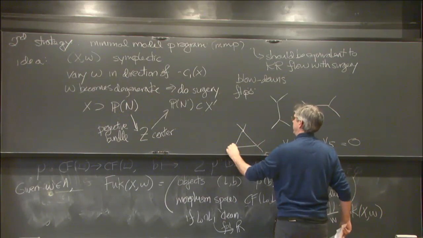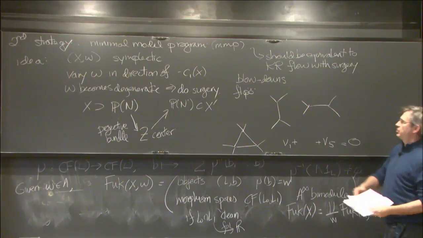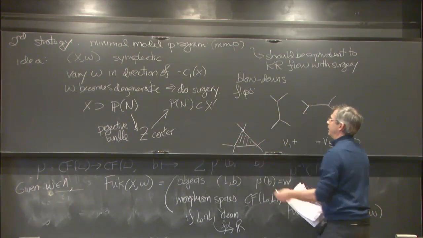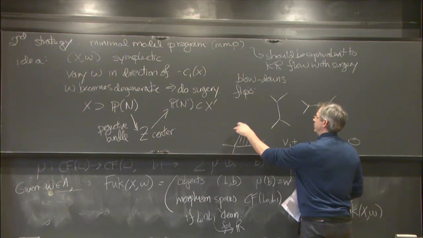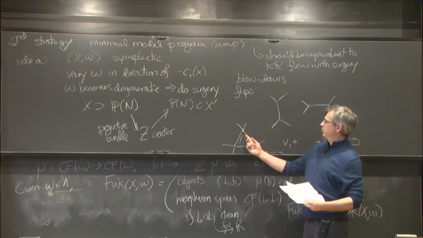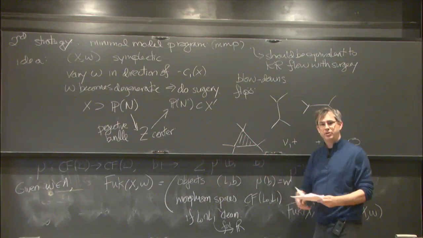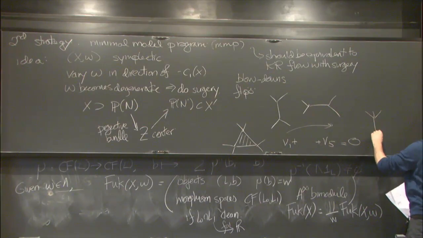You have to imagine that I'm in one dimension more. So this is a 4-dimensional toric variety, and this is a P2. You imagine first blowing up this so that I get a P1 bundle over this P2, and then I blow down in the P2 direction, and that just leaves me with a P1. So this would be an example.